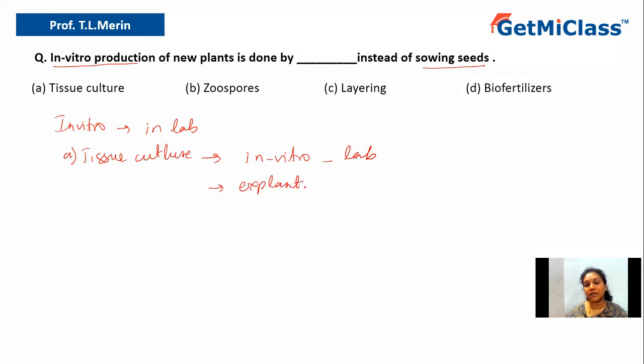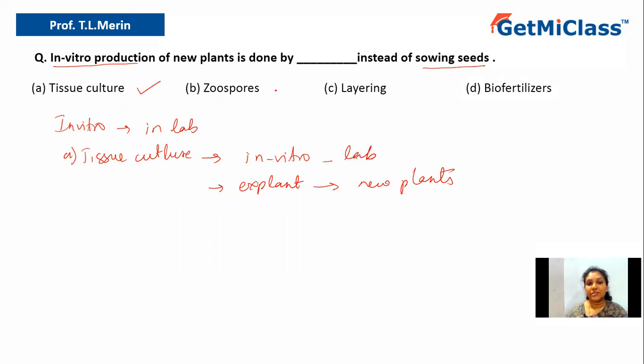It can be a bud, a piece of stem, or a piece of petal. The explant is used for tissue culturing and gives rise to new plants. Hence option A is the right answer because tissue culturing is an in vitro method.